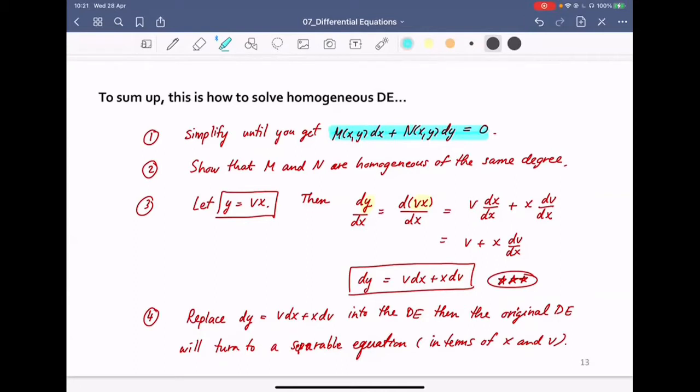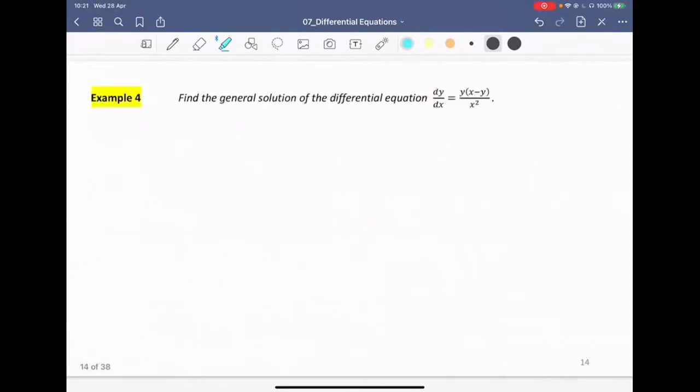If it is homogeneous, you let y equal to vx, and then you get dy equal to v dx plus x dv. Once you replace everything back into the original equation, it comes back to a separable equation. All right, so let's look at example 4.